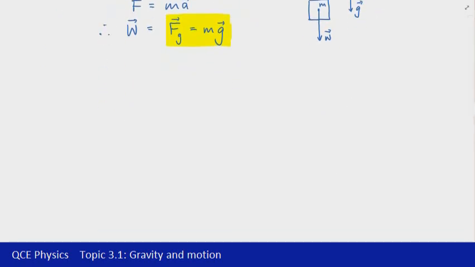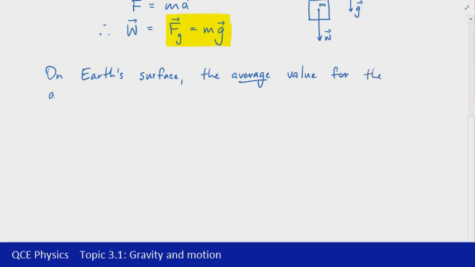A couple of extra points to note about this. On Earth's surface, we have a value for g that we use. It's not the value across the whole surface of the Earth, it's basically the average value. So the acceleration due to gravity does actually vary depending where you are on the Earth, and usually it's going to be fairly close to 9.8, so we're always going to use that value as 9.8 meters per second squared.